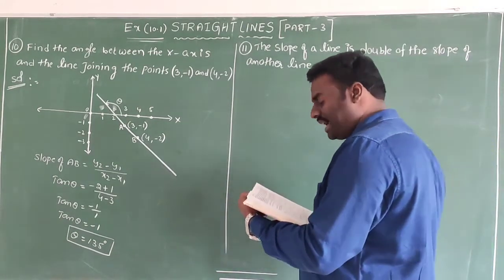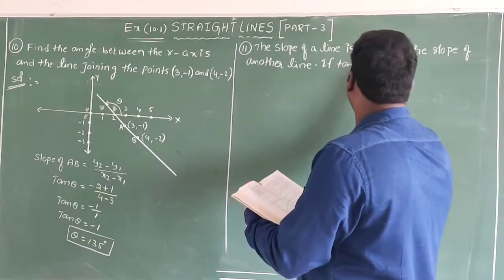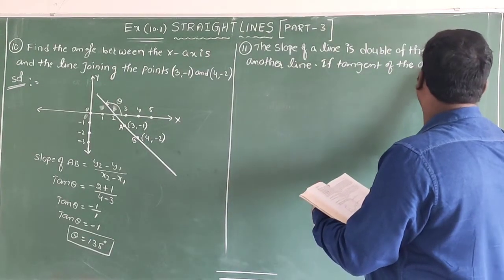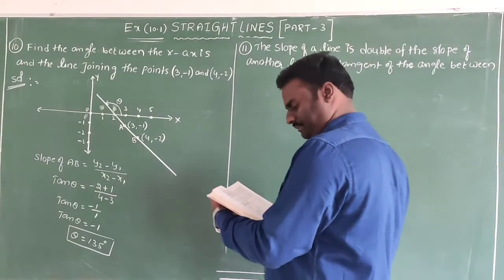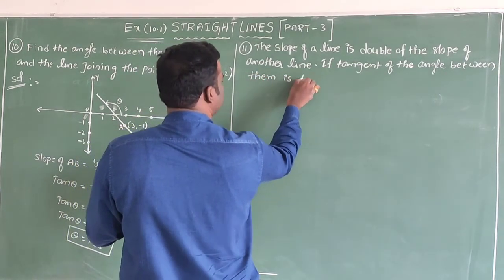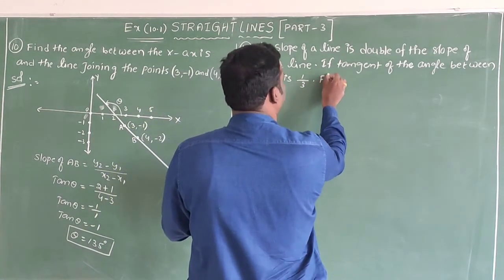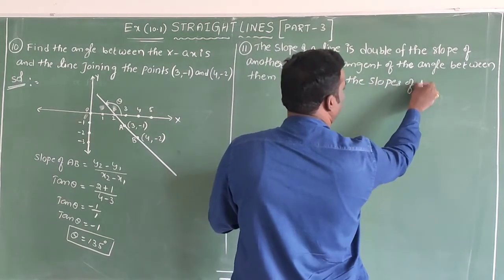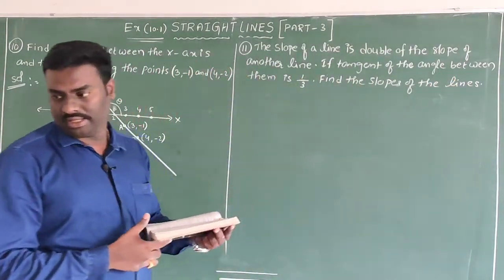If the tangent of the angle between them is 1 by 3, find the slopes of the lines. Slopes means you will get 2. Okay, it is a given question.